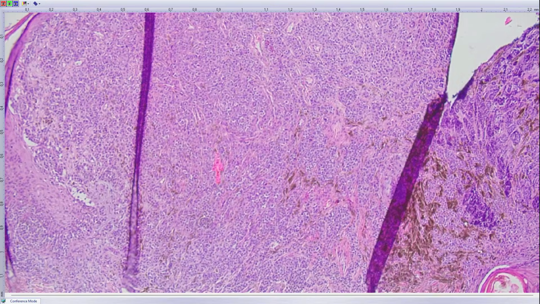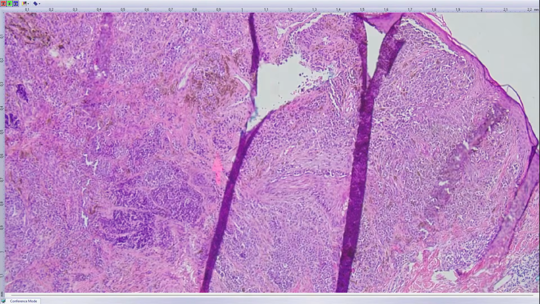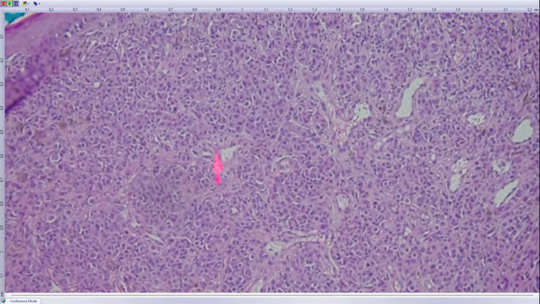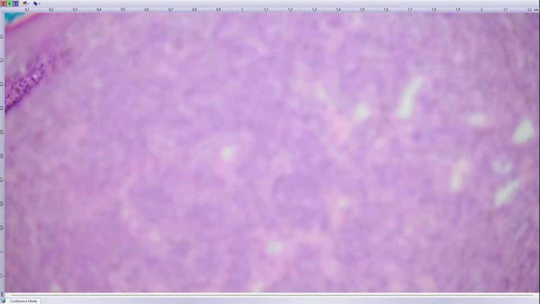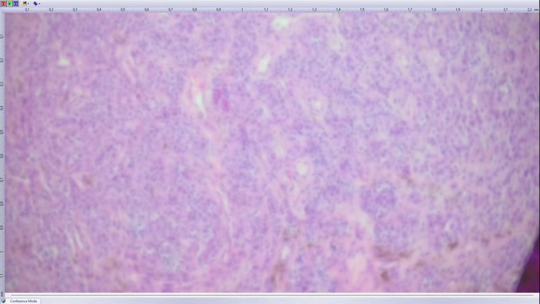Yes, here I have a pigmented lesion of the skin, which is relatively well differentiated, but still I think there is no doubt that the lesion is malignant. And we have three lesions that are very similar to this.